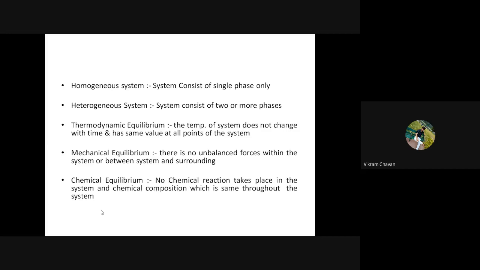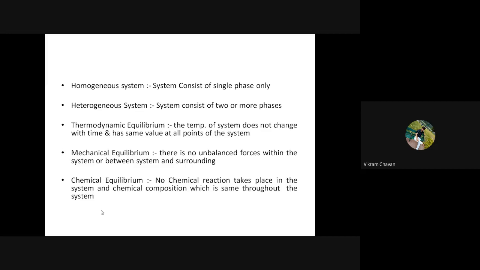Consider any matter or substance. If you measure the temperature at a particular instant and it shows 35 degrees Celsius, and after some time you check again and it still shows 35 degrees Celsius, that means it is not changing with respect to time.